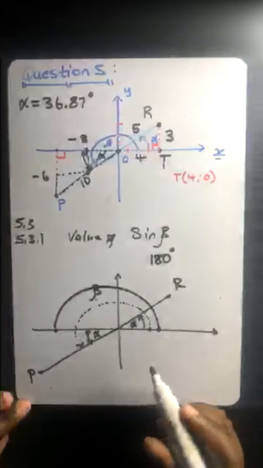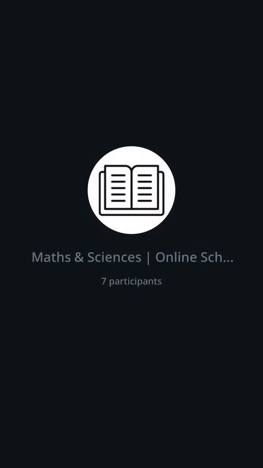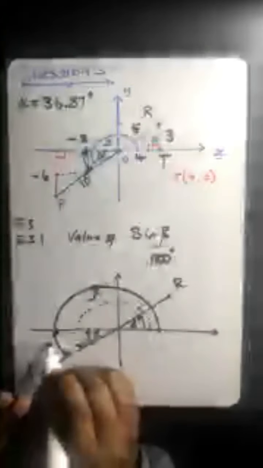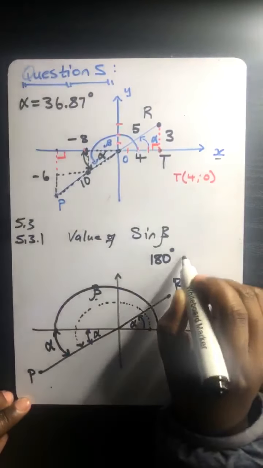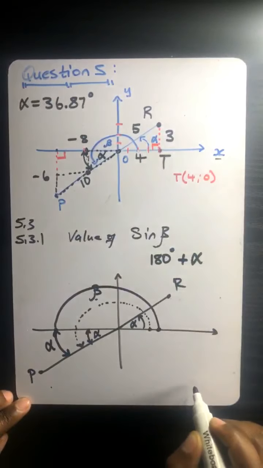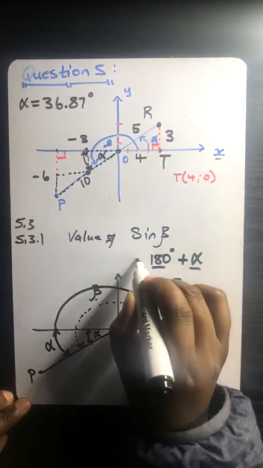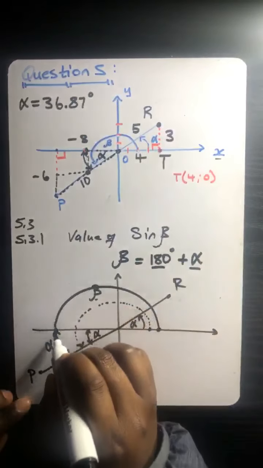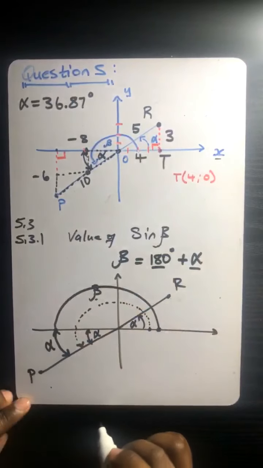Okay, so now with that smaller angle there and this angle being alpha, if we add that angle alpha, do you now agree that 180 plus alpha is the same as that angle being beta, because it starts from there and ends on this line?